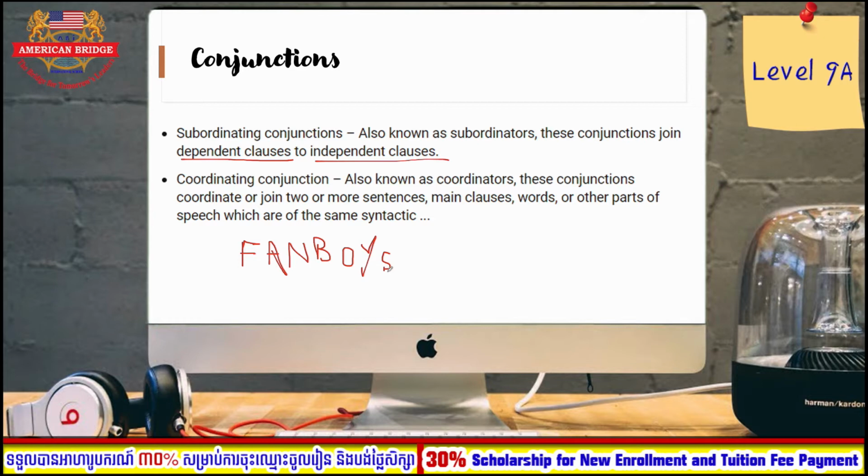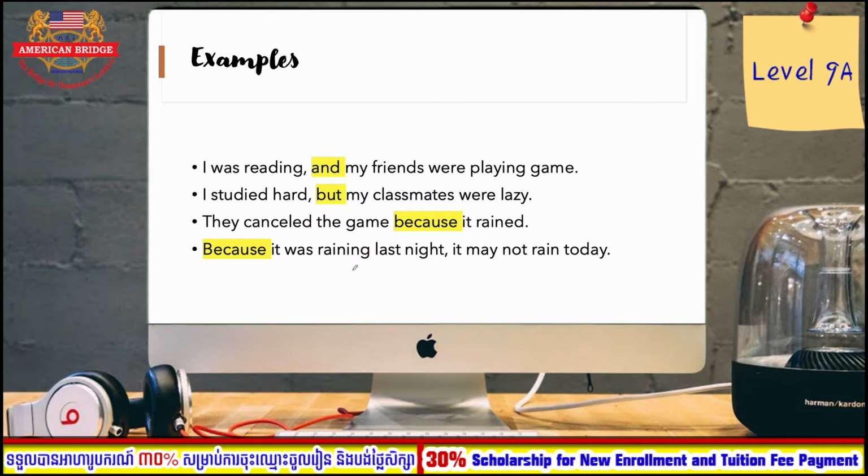From the previous video, I have discussed the usage and meaning of these FANBOYS already. But in this video, we will focus on the comma rule, when to use a comma.